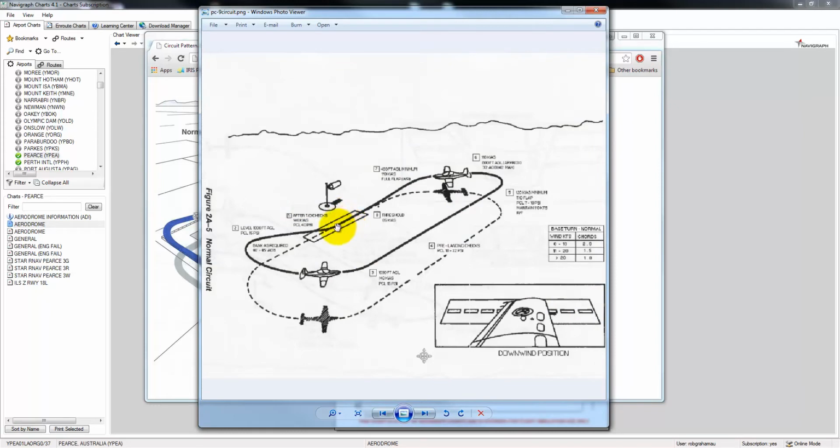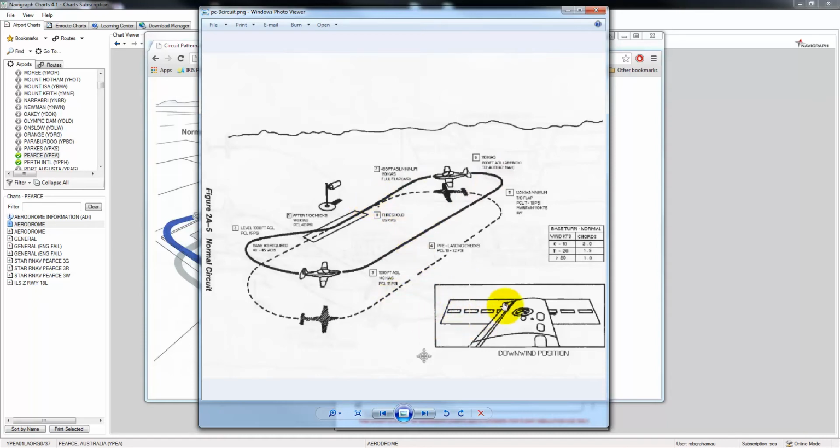As you can see here, we take off, climb to 1,000 feet AGL, turn, come out on the downwind leg, do our landing checks, turn onto our base leg, and then straight into final. The difference here is that rather than a square pattern, we're flying more of an oval shape. It's an important thing to remember.